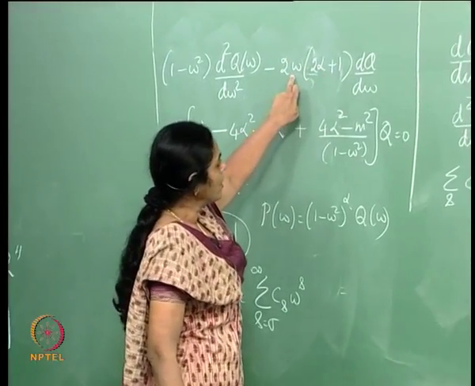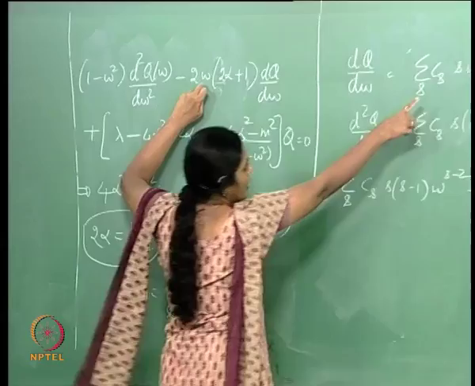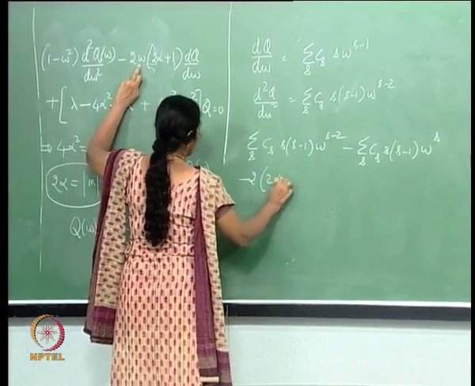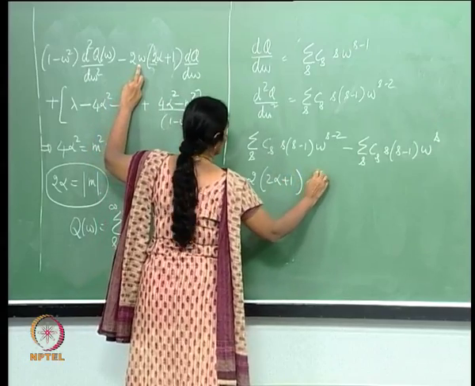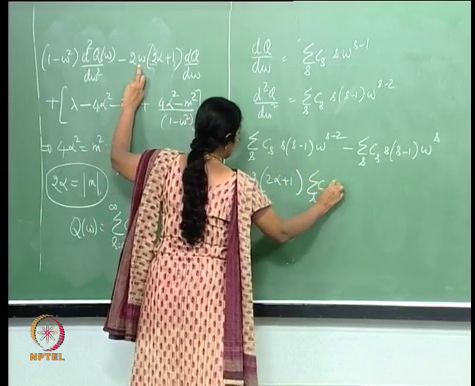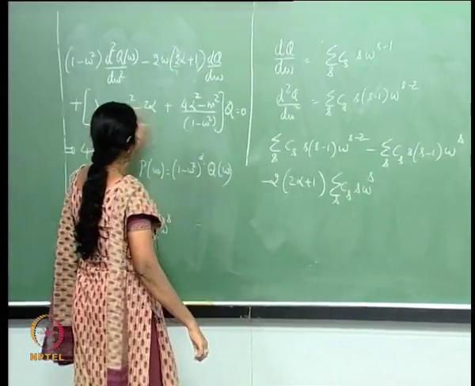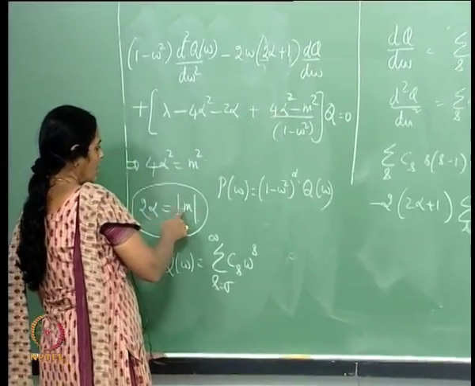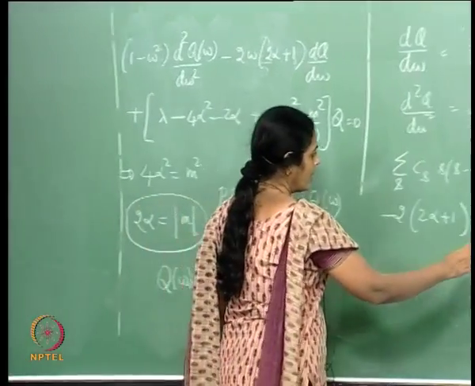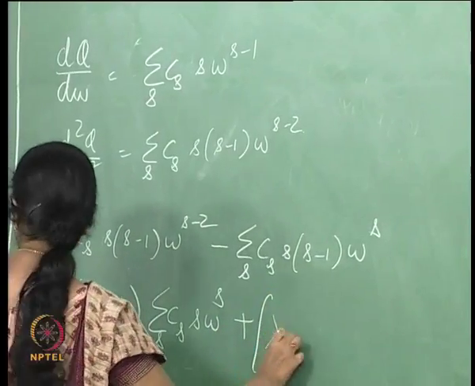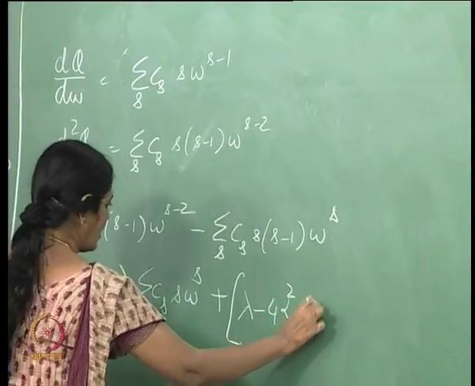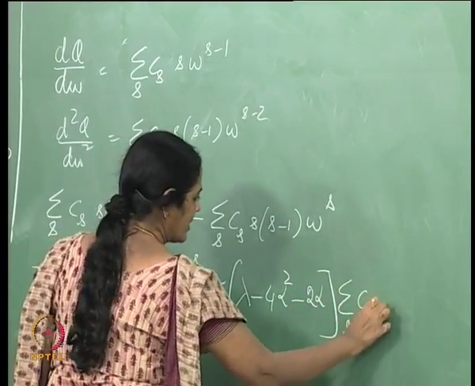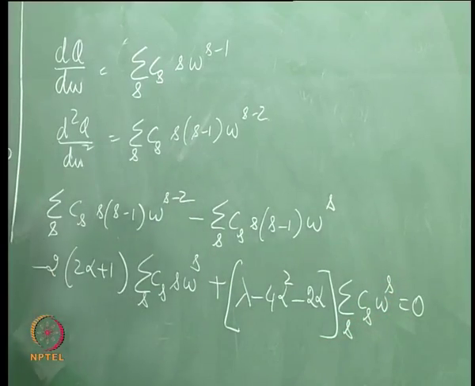This would give me a power w to the s, because dq by dw comes with the power w to the s minus 1. And then of course I have all these terms, but this term drops out because 4 alpha squared is equal to m squared, and therefore I just have this term, summation over s of C_s w to the s equals 0.